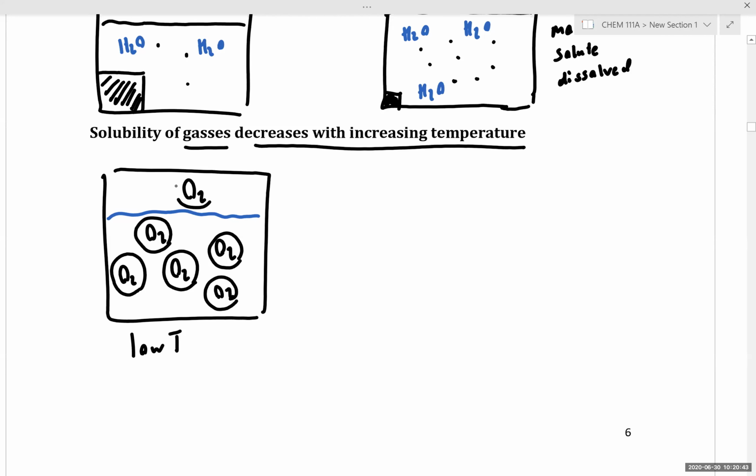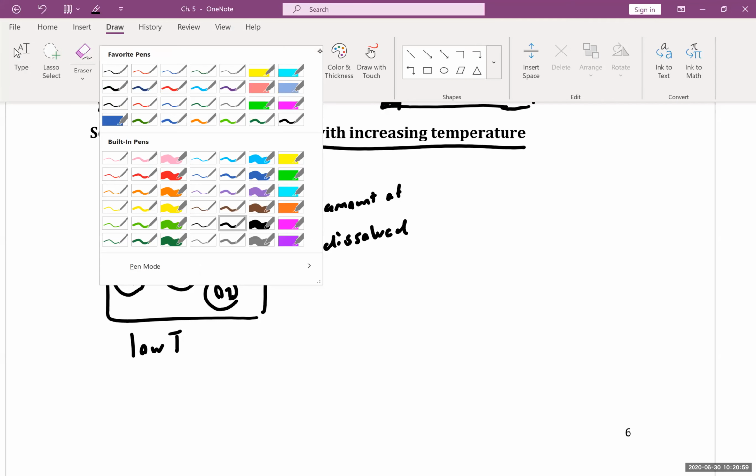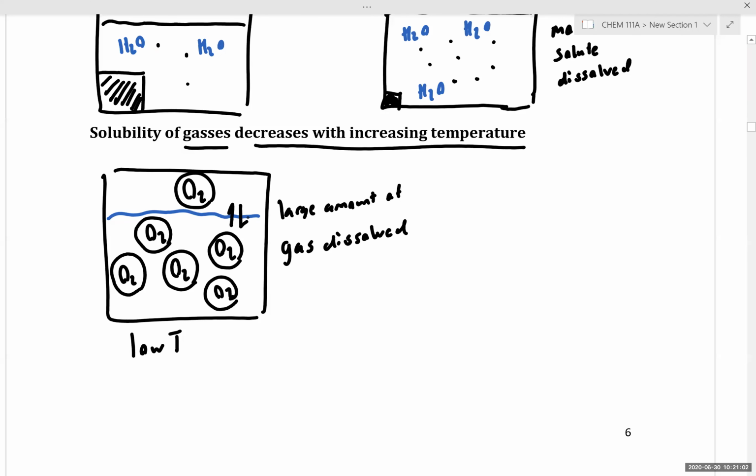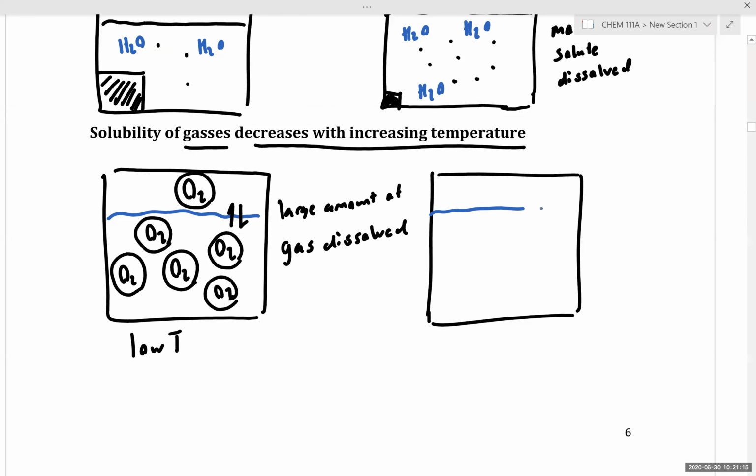So at low temperatures, we have a large amount of gas dissolved. And as we increase the temperature, the amount of gas that is present outside of the solution increases compared to the amount of gas that is dissolved in solution.